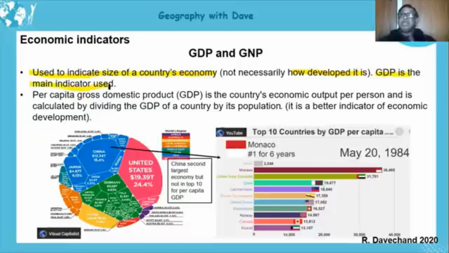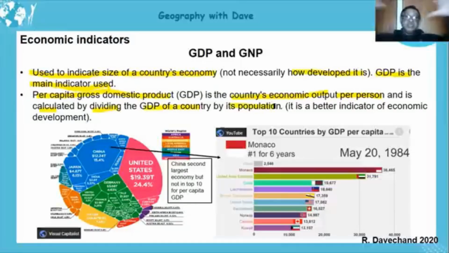But let's bring in another concept: per capita gross domestic product, or GDP per capita. What is this? It's a country's economic output per person, and it's calculated by dividing the GDP of the country by its population.